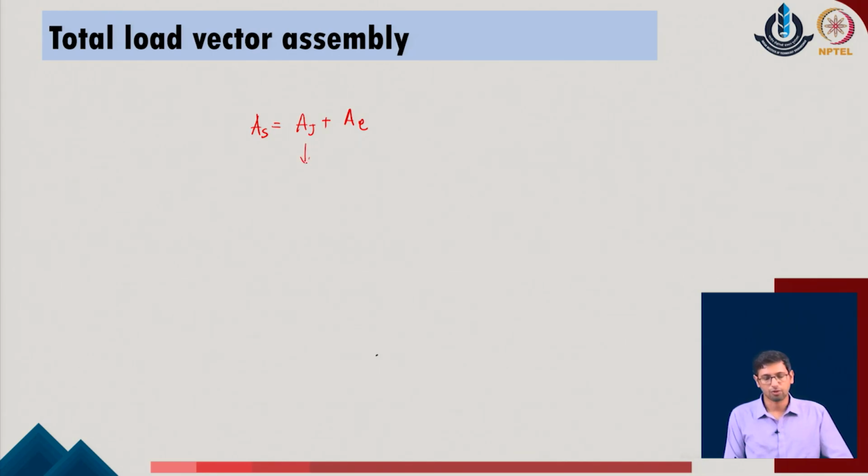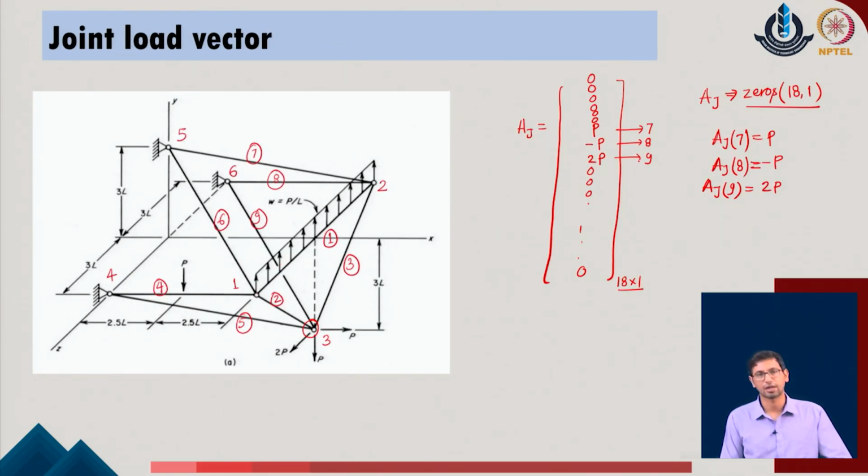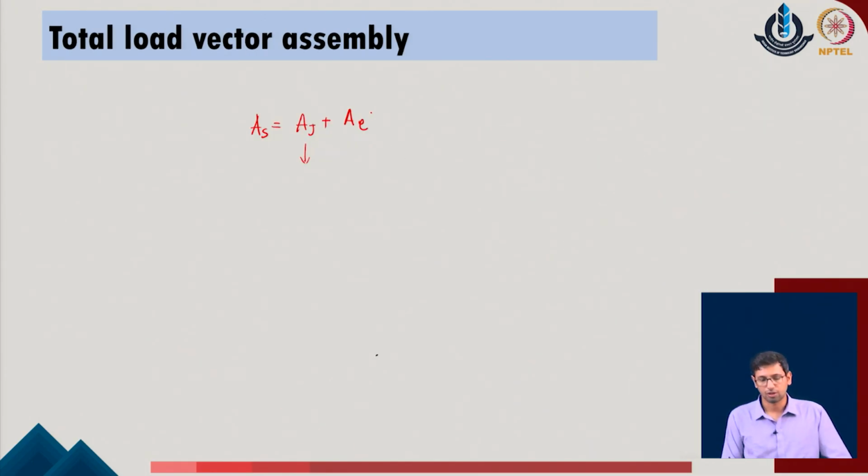A of J we have already provided because it has an 18 cross 1 null vector, in which at the 3 positions 7, 8 and 9 I got the 3 values of the load. Whereas, when I go with the system of the member forces, I realize that AM1 and AM4 are contributing to the given system. So, we got the A of E contribution for the member 1, and the values are minus of 0, 3P, 0, 0, 3P and 0.